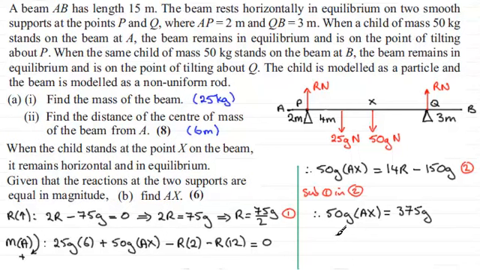And we can divide both sides now by 50g to leave us with AX equals 375g divided by 50g, and you end up with exactly 7.5 meters. All right.